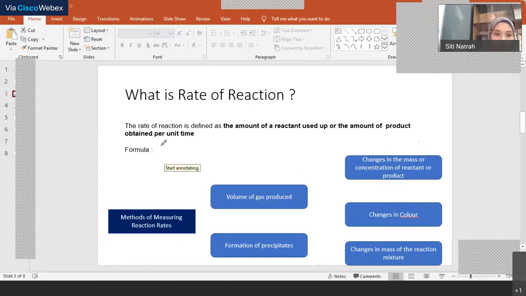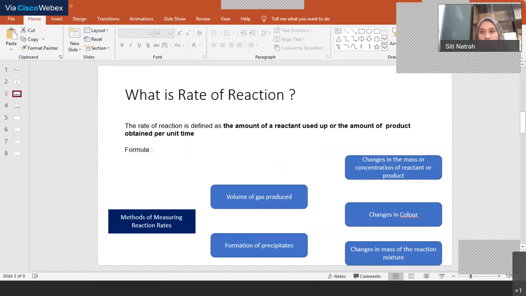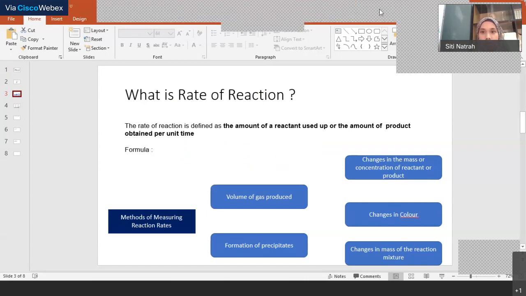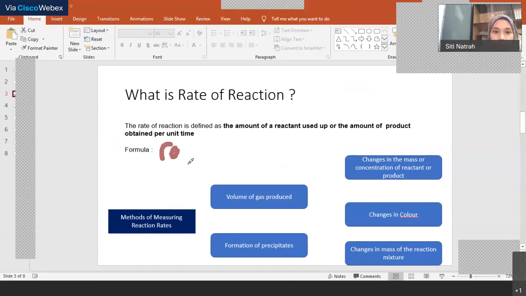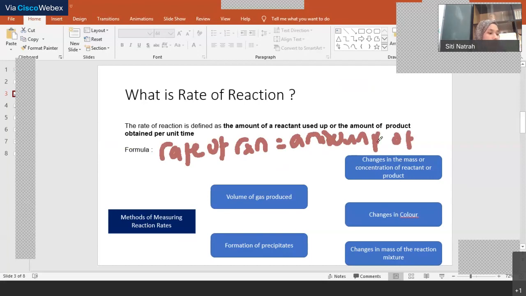So, rate of reaction is equals to amount of reactant used up per unit time.